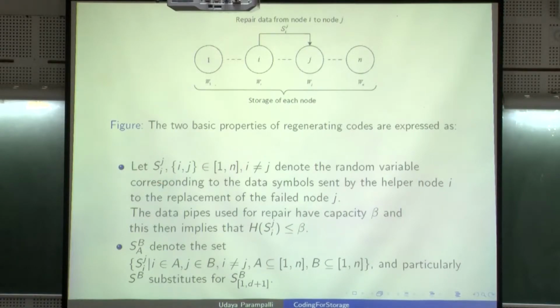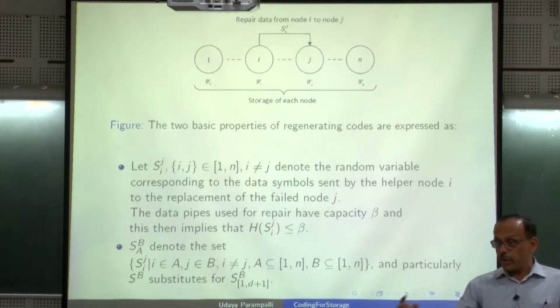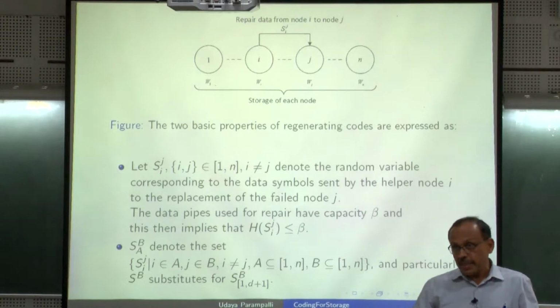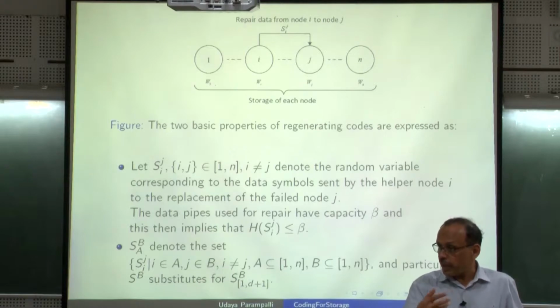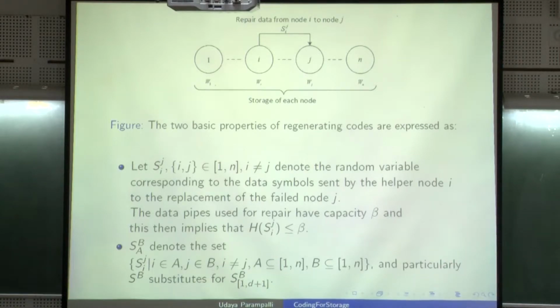You only download beta, because that is the model: you take beta information from each helper node to recreate. So obviously the entropy of that has to be less than or equal to beta, correct? It can't be more than beta.